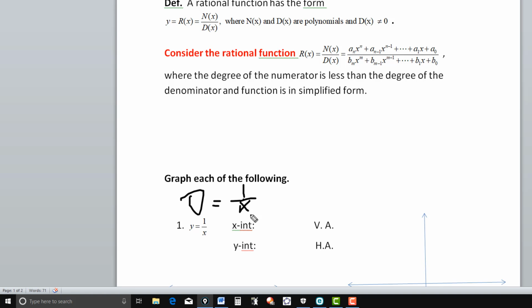But if I try to solve that for x, multiplying by x, I get 0 equals 1, a contradiction. So it has no x-intercept. The y-intercept is found by replacing the x by 0. If I replace the x by 0, I get 1 divided by 0, undefined. So this particular one has no x-intercept and no y-intercept.